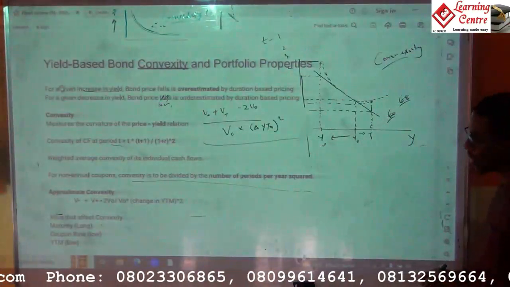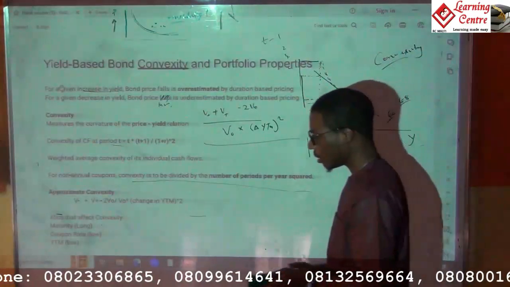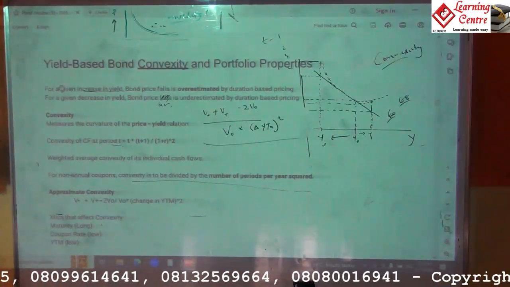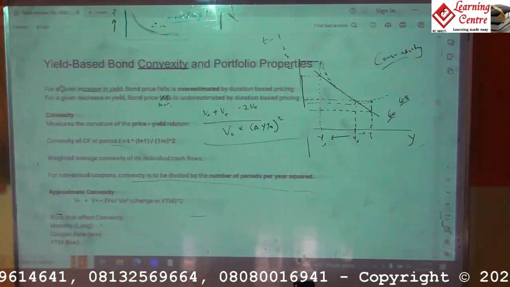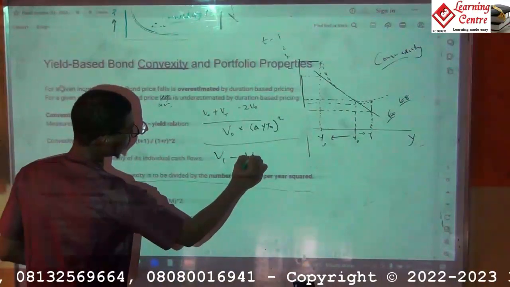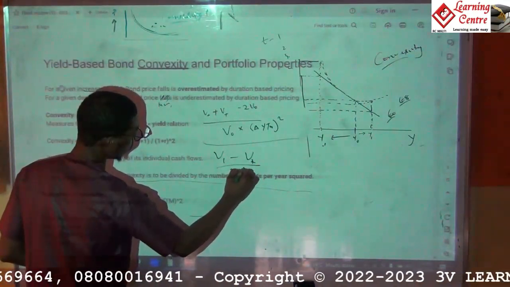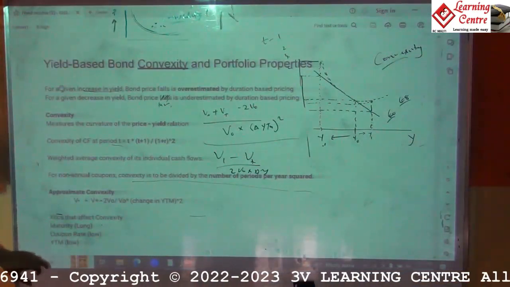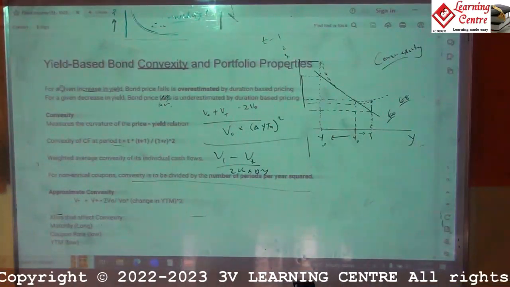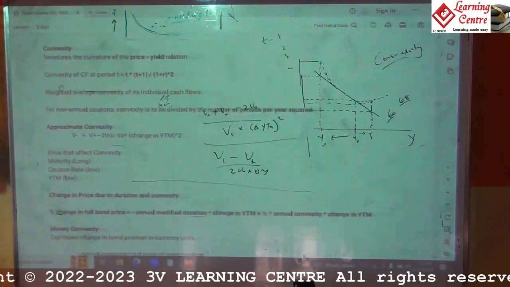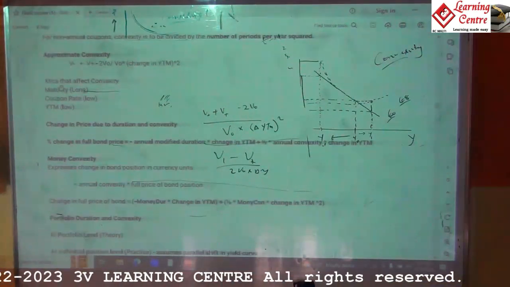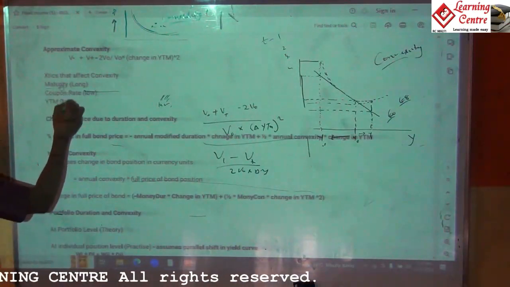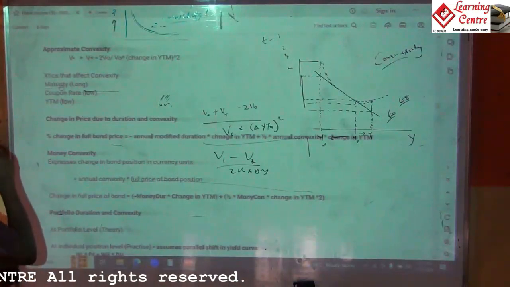These are the formulas for convexity. It's not the same as the duration formula; the first one is V minus minus V plus over 2 V0 times change in yield. Convexity is squared. Now we look at the variables that affect convexity: when maturities are long-term, convexity is higher.